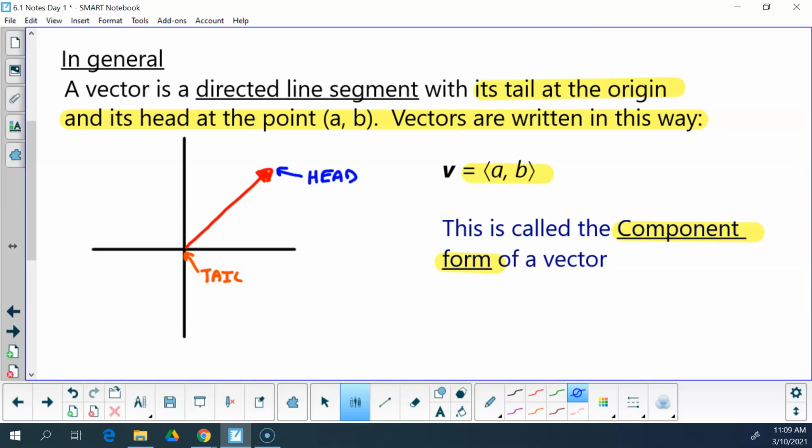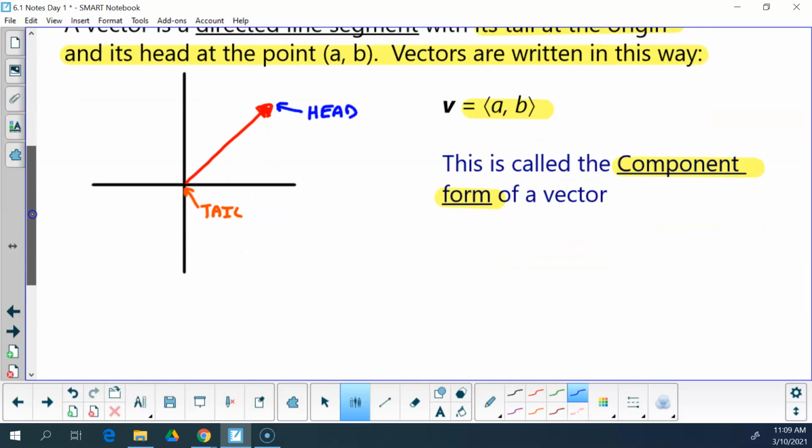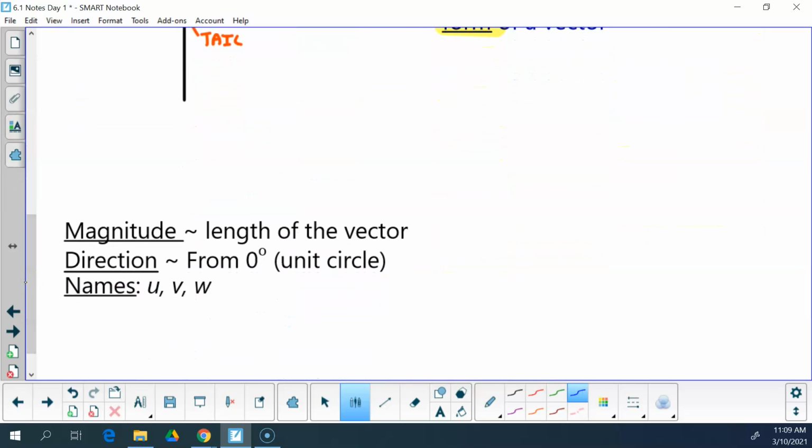Good with that? So the magnitude of a vector is the vector's length. The direction is the trig angle. We're going back to trig angles for this week.